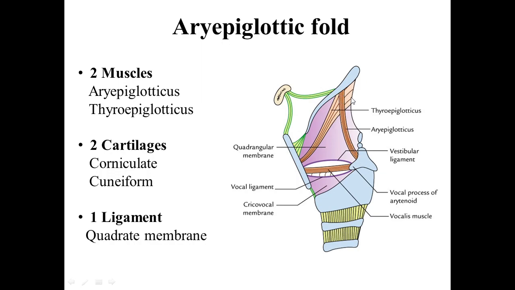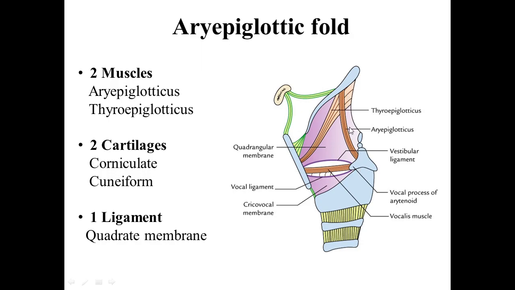Aryepiglotticus and thyroepiglotticus. Then it consists of two cartilages, the corniculate cartilage and cuneiform cartilage. These are very small cartilages situated on the apex of the arytenoid cartilage. They act as a prop and keep the aryepiglottic fold straight.